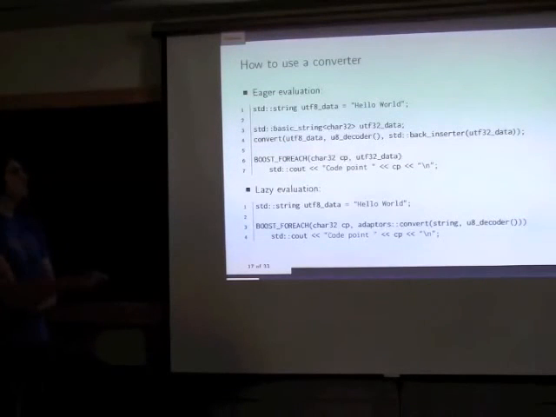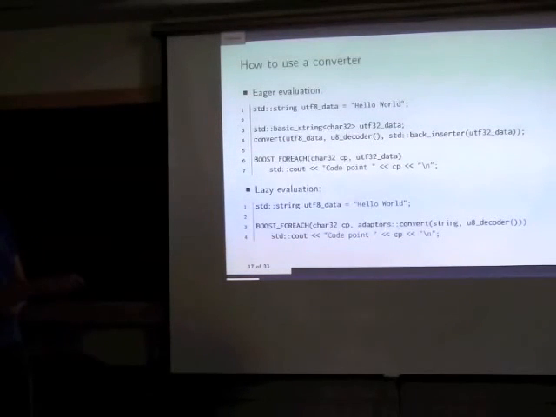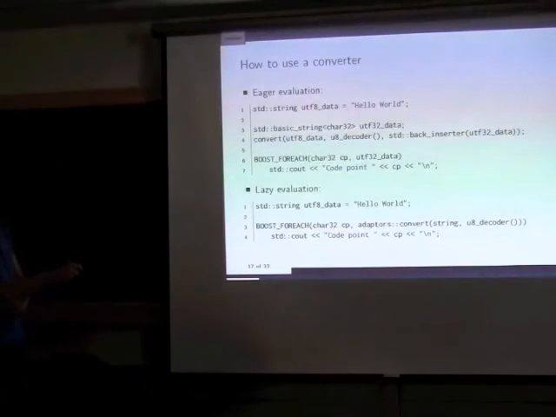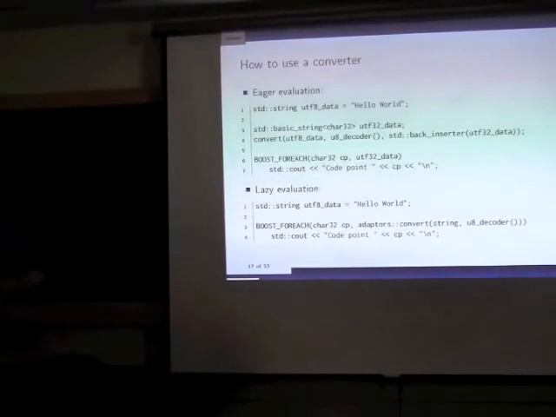This output iterator does a push_back on this range. So this will eagerly convert this line, copying into UTF-32 data the converted form of the UTF-8 data. Then you can iterate it, for example, with for_each.